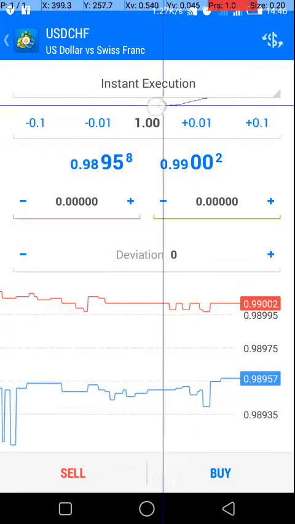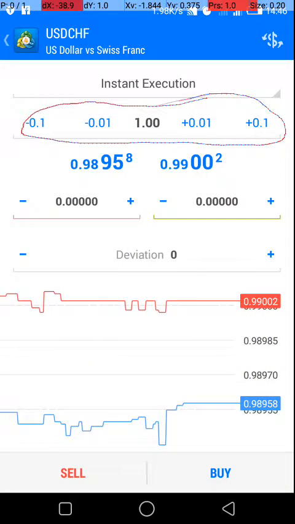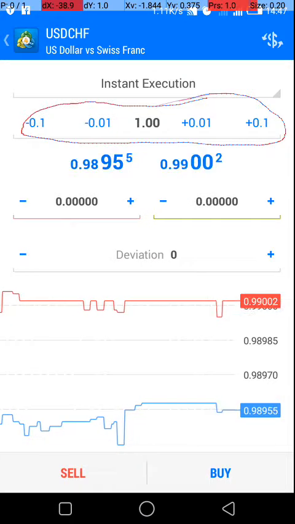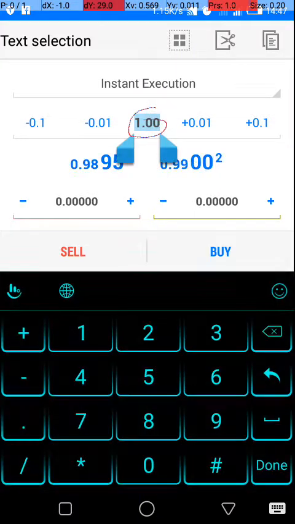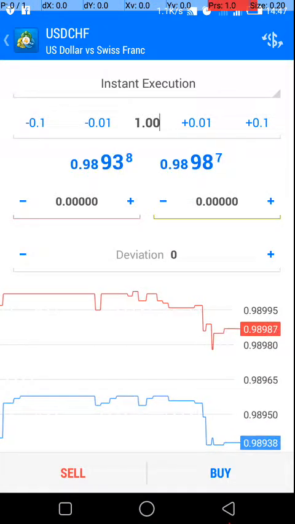Down below, this is where you select the lot size you want to trade with. In this case, one lot represents 100,000 units. It depends on what currency you want to trade with.